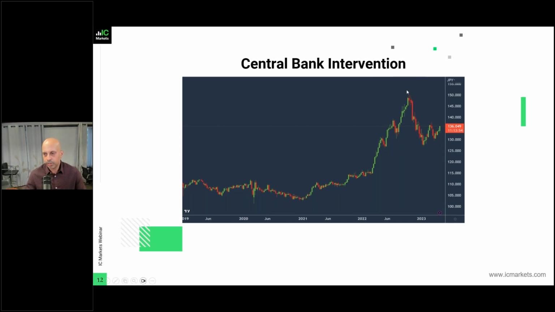So what they did was, because the currency was getting devalued very strongly, as dollar yen goes up, the value of the yen drops significantly, and this is not good for Japan in terms of its imports, right? So when your home country loses its value versus, for example, the US dollar, and when generally most goods around the world are traded and priced in the US dollar, suddenly your imports become very expensive.